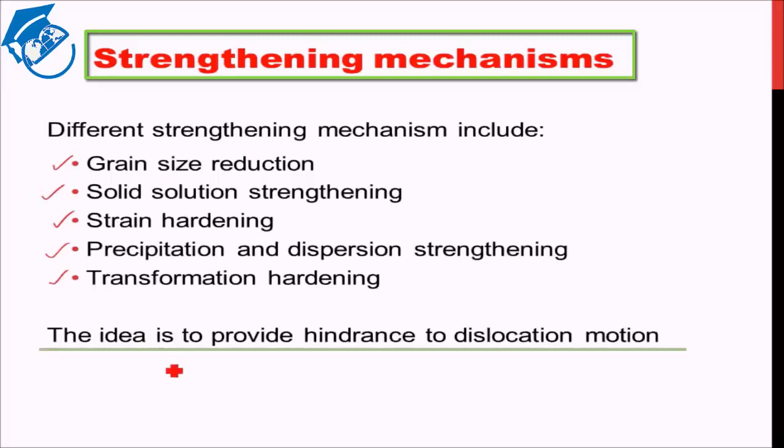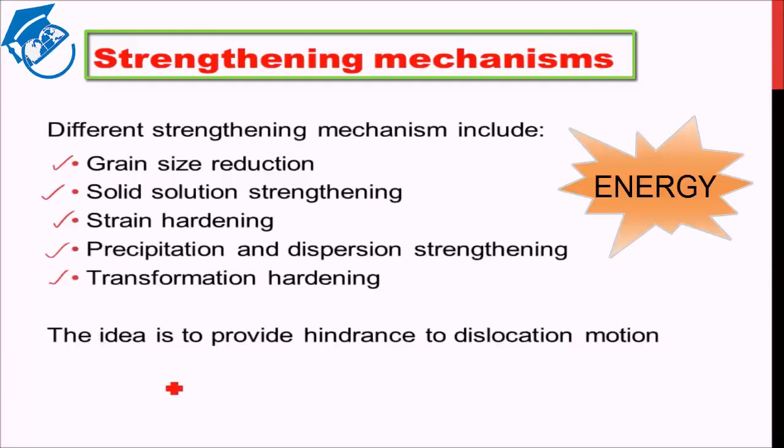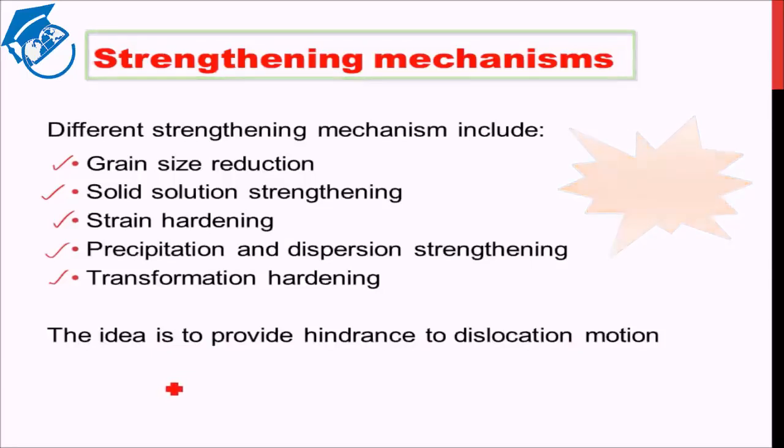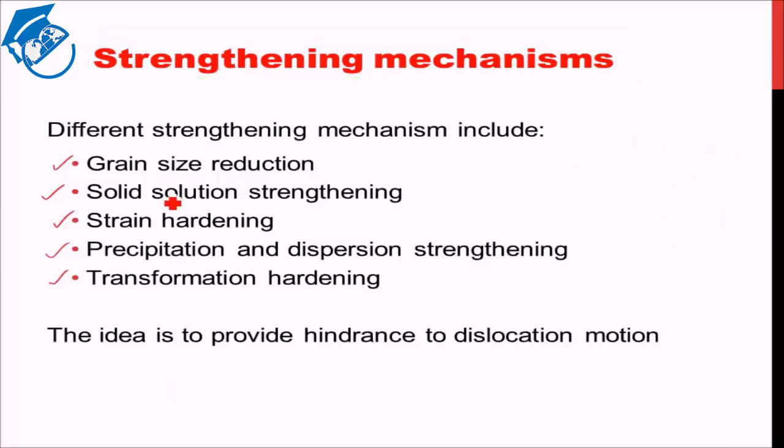And as I said, the idea is basically to provide hindrance to dislocation motion, because movement of dislocation leads to deformation. If dislocation motion is restricted somehow, then deformation will be slowed down, or a greater amount of energy, load or stress will be required for the deformation to take place. Now let's see each of them shortly before jumping into detailed description.